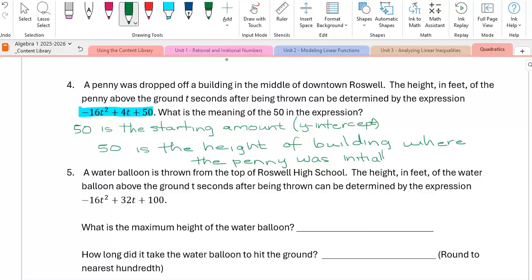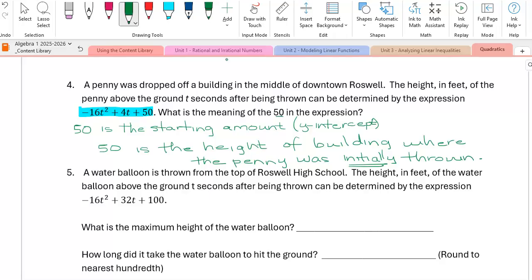Initially means starting. Initially thrown. That means the starting amount. So 50 is the height of the building where the penny was initially thrown. I stood on top of the building in downtown Roswell, and threw off a penny. Okay? Now, that's all I asked you to do, is tell me what the 50 meant here.